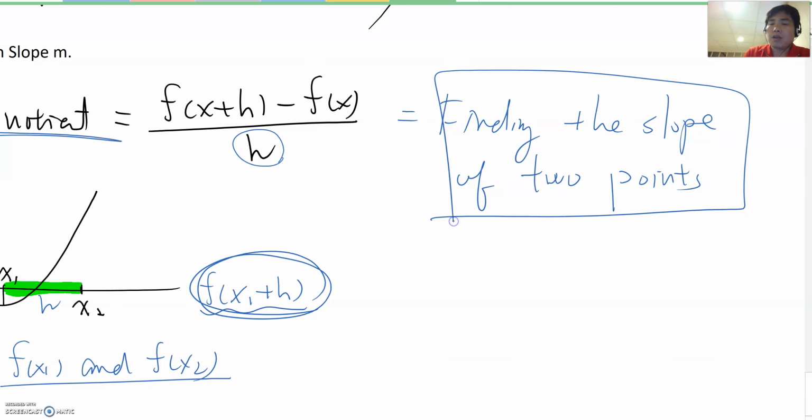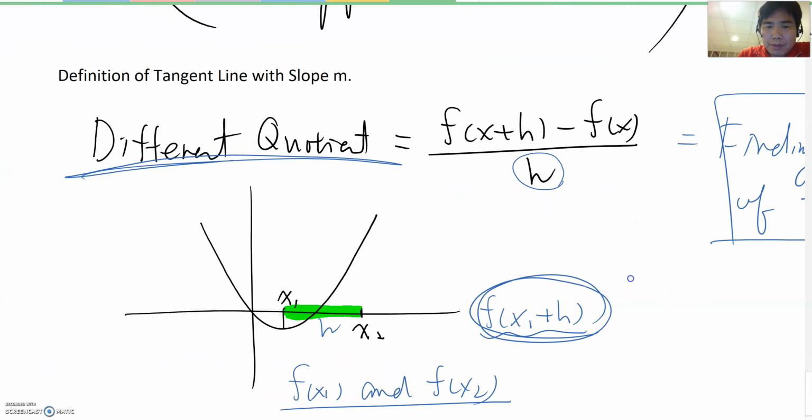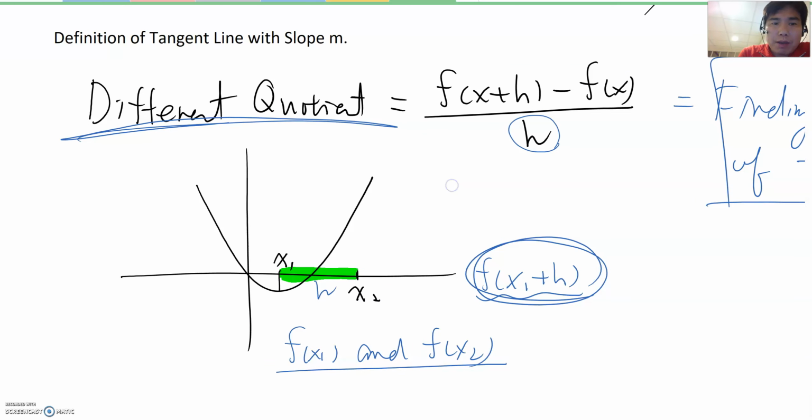We also learned that whenever you want to find the slope, we need at least 2 points, right? That's why we usually deal with 2 points, and the difference quotient is also the formula to find the slope here.